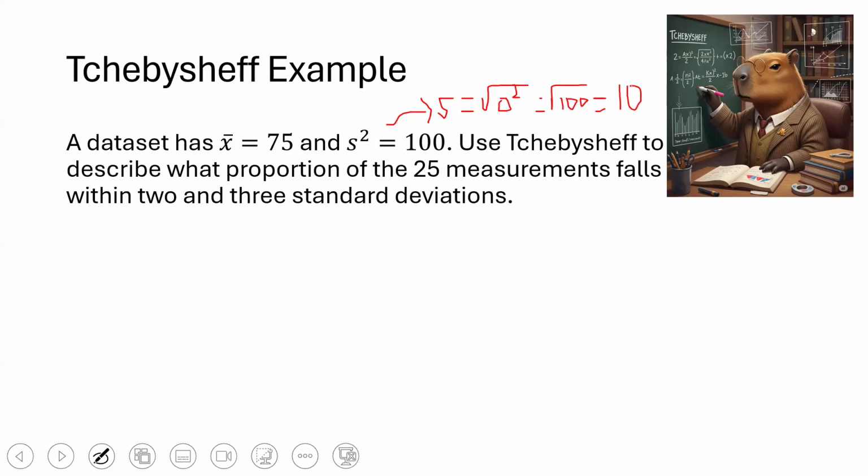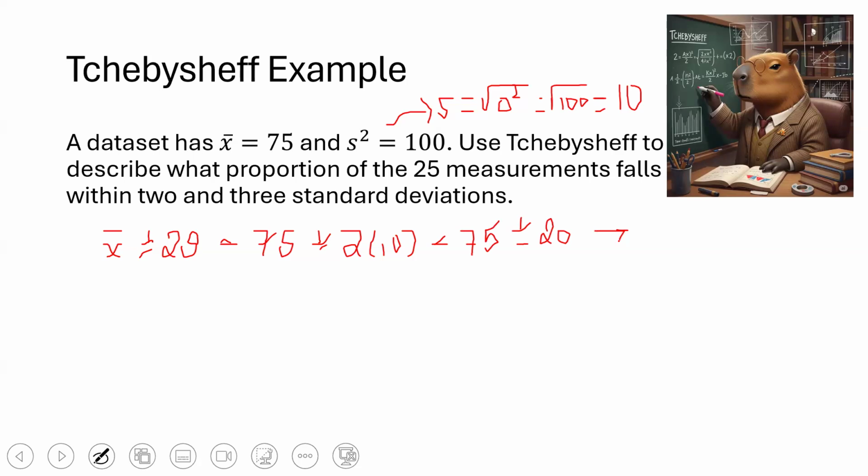So, if I'm going to calculate the mean plus or minus 2 standard deviations, that would translate to 75 plus or minus 2 times 10, or 75 plus or minus 20.